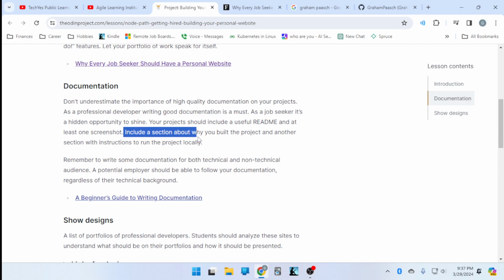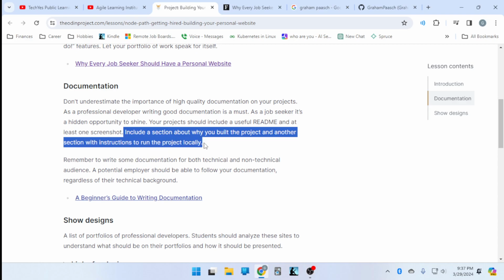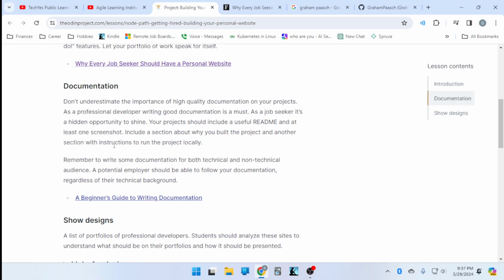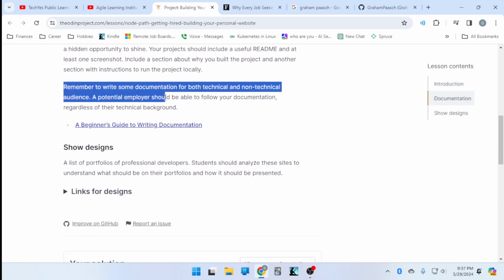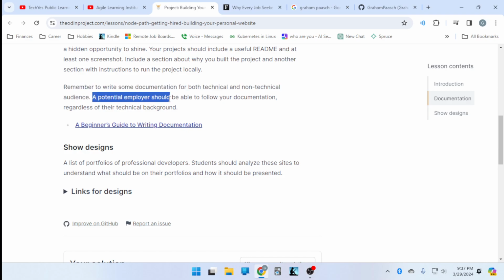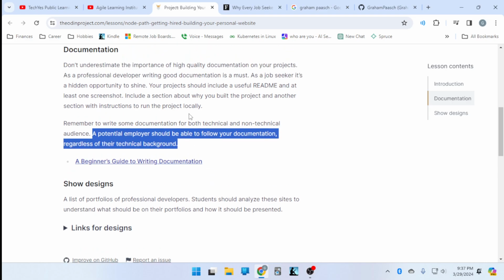Include a section about why you built the project and another section with instructions to run the project locally. Remember to write some documentation for both technical and non-technical audience. A potential employer should be able to follow your documentation regardless of their technical background.